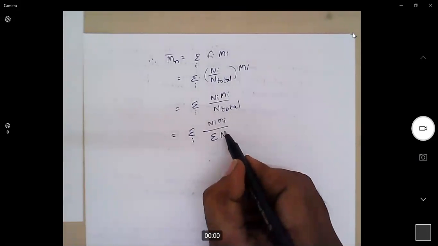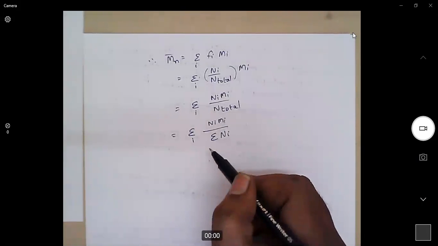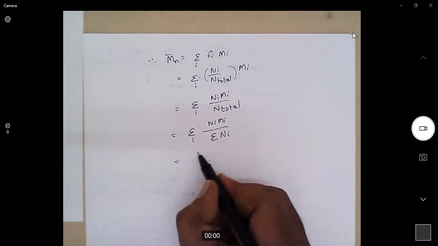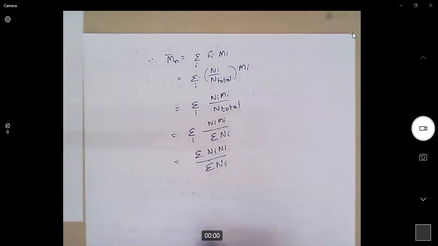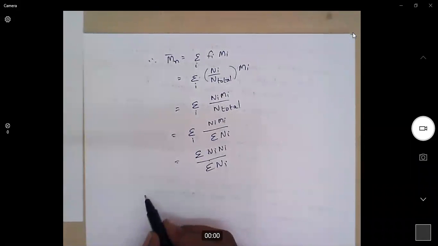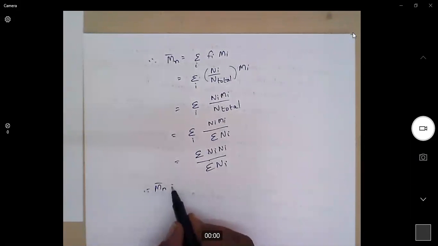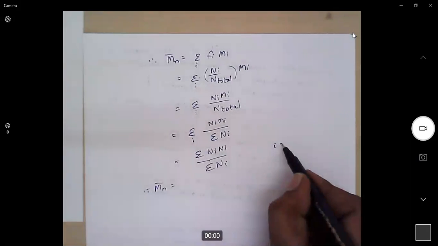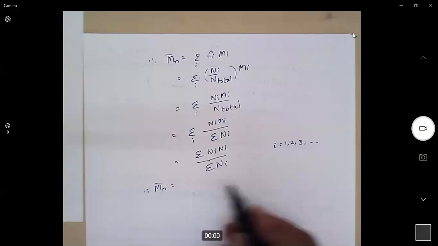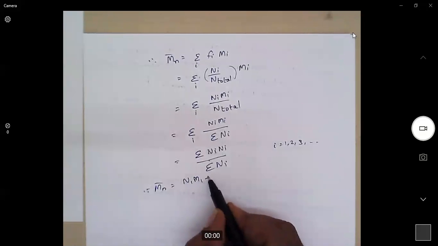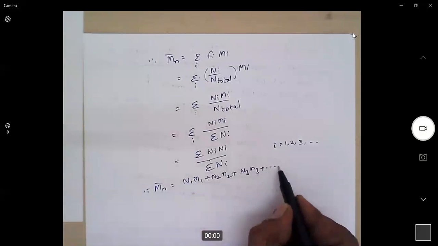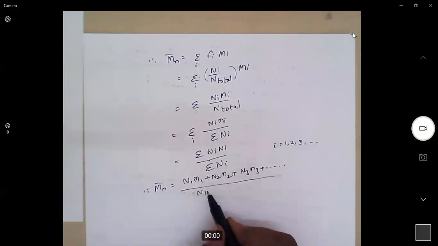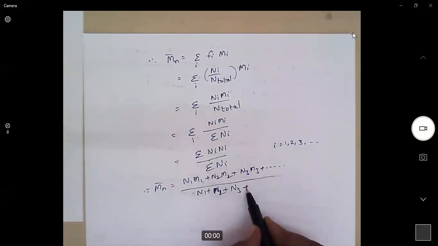It is again sigma Ni, or we can simplify it as sigma Ni Mi by sigma Ni. This we can write in full form. Mn bar is equal to, we can place i is equal to 1, 2, 3 and so on. So N1 M1 plus N2 M2 plus N3 M3 plus and so on, divided by N1 plus N2 plus N3 plus and so on.